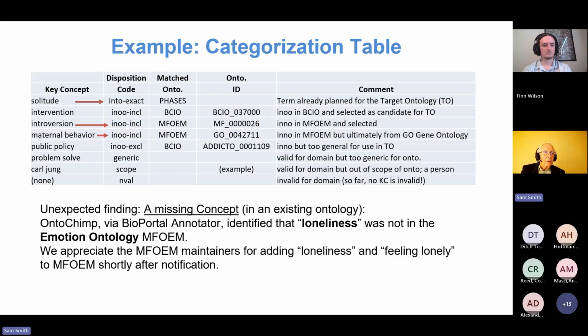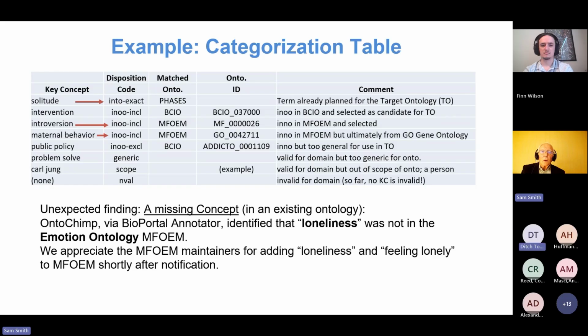The categorization table has the goal of assigning every key concept a disposition code, some of which are shown here. For instance, the INTO exact code is for a term that is in the target ontology with an exact match. For instance, solitude is an exact match, and it's already in the target ontology, which in this case is the PHASES solitude ontology.